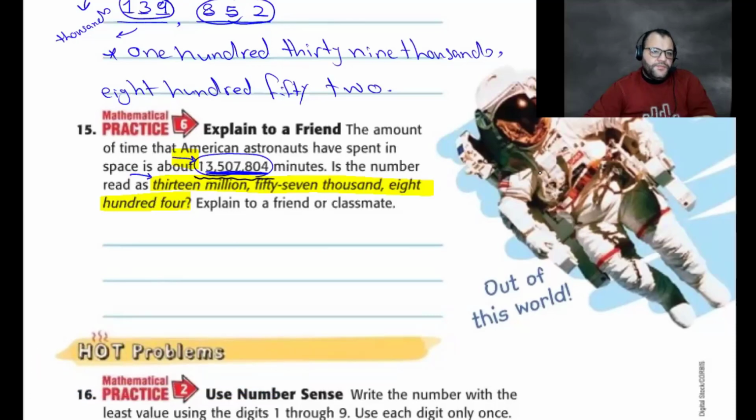Abdurrahman. Yes or no? I do it in expanded form. No. Now we have a number. Can you see this one? This number is written in which form?